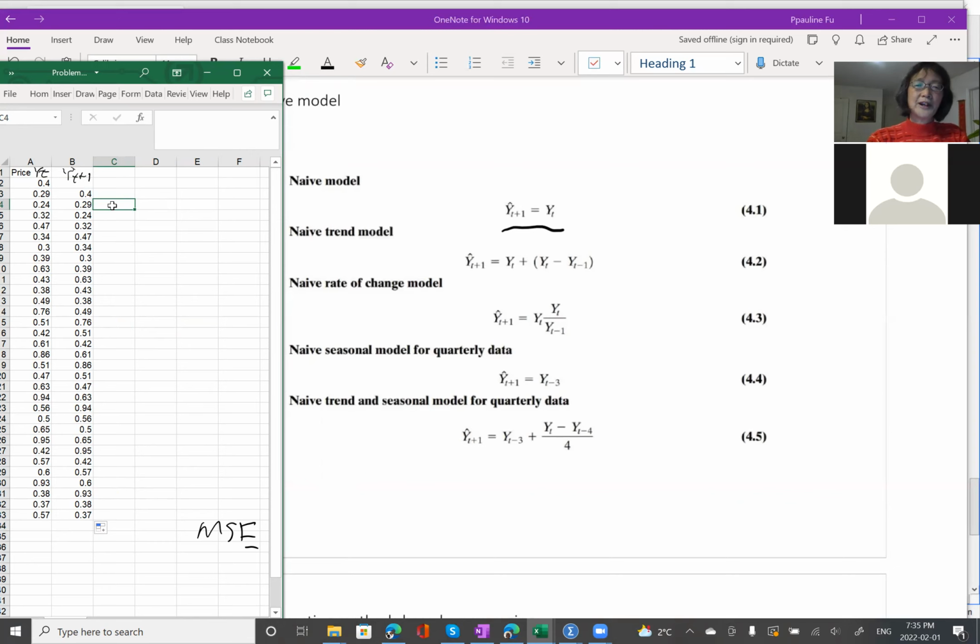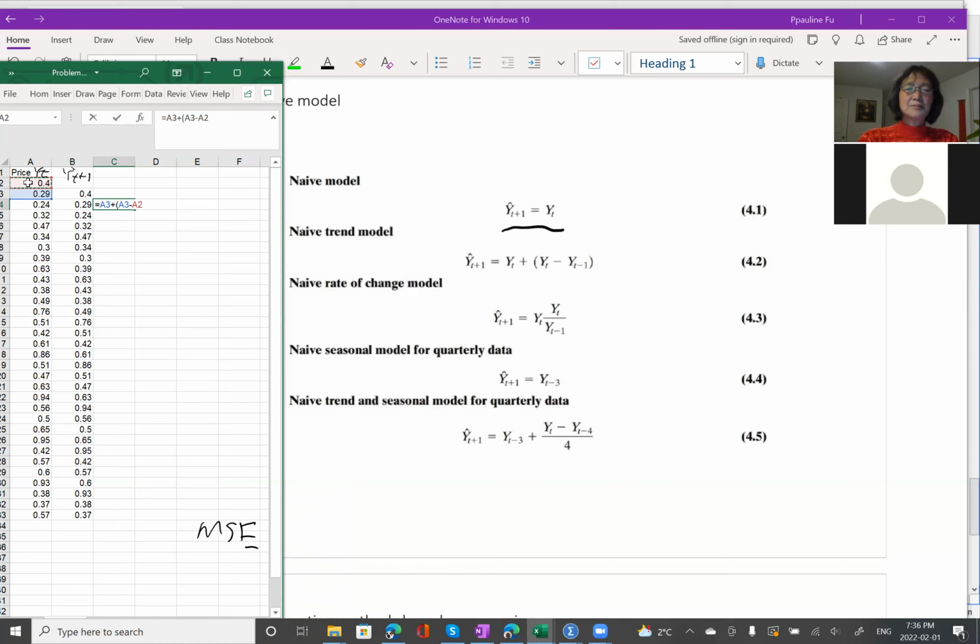So 4.2 says the next value equals the previous value. So this 0.29 is YT, the previous value, plus bracket YT minus YT-1. So A3 is YT.